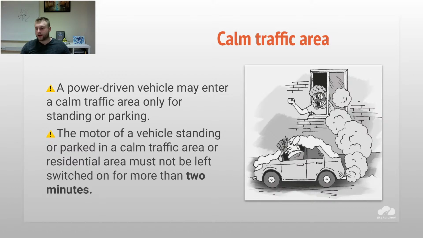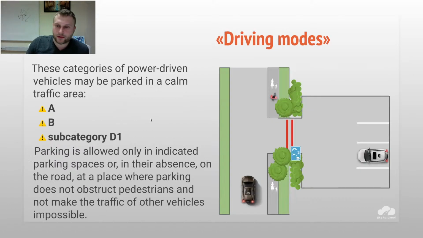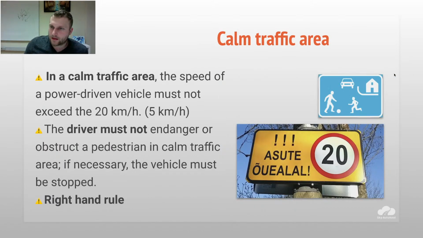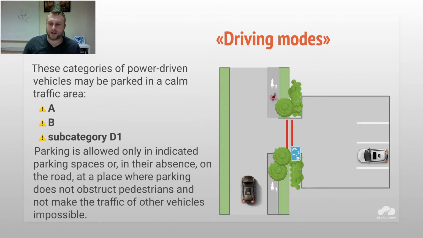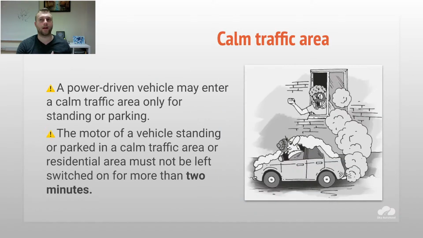And the main thing here is that on the exam it is the same. As soon as you cross this sign, you should remember, okay, now I'm in the calm traffic area, I should drive 20 kilometers per hour, not more than that, and I have to make standing or parking somewhere. And usually, of course, the examiner will not tell you anything about that.